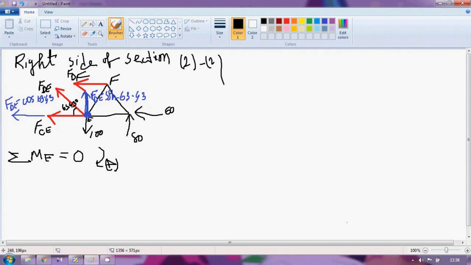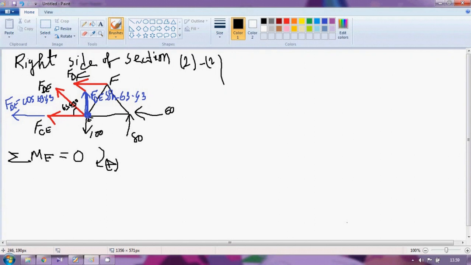Because if I take a moment at E point, then this force FCE will be 0, since it passes through the E point, and FDE cos 63.43 will be 0. FDE sin 63.43 will also be 0. So only one member force will give me a moment, FDF. Then I can find out the member force FDF.